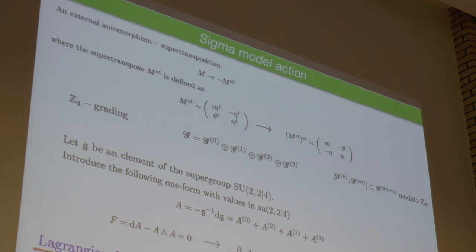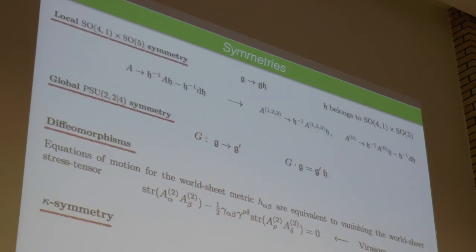So A0 is precisely the SO(4,1) cross SO(5) part of the matrix. Okay? Therefore, if you split this general transformation law for A into the graded components, then the graded components 1, 2, 3 will transform homogeneously, while the A0 component is transformed not homogeneously.